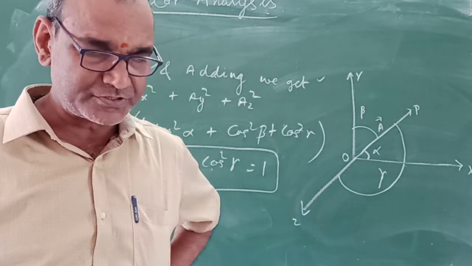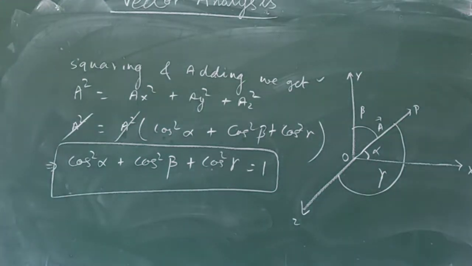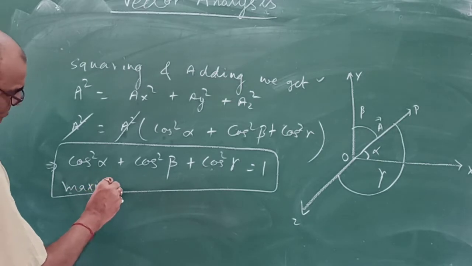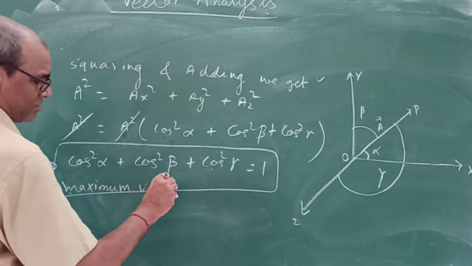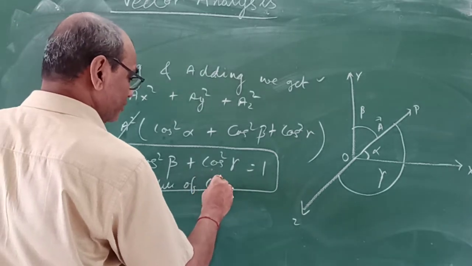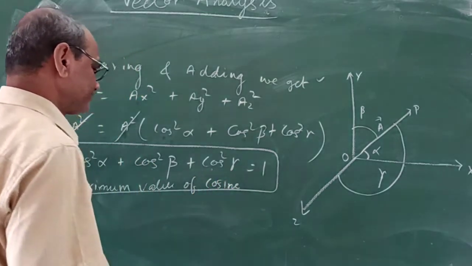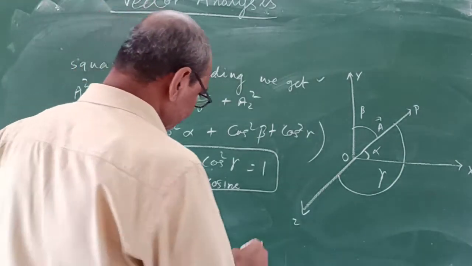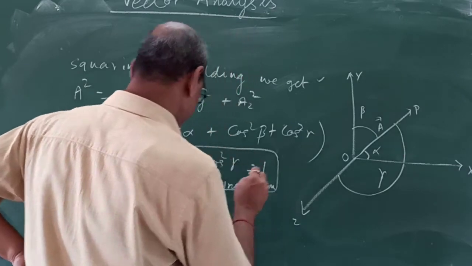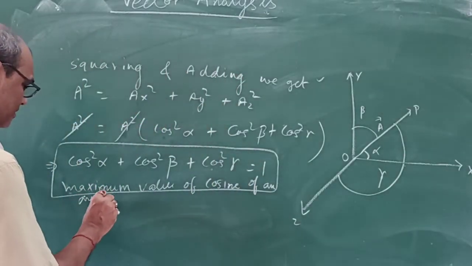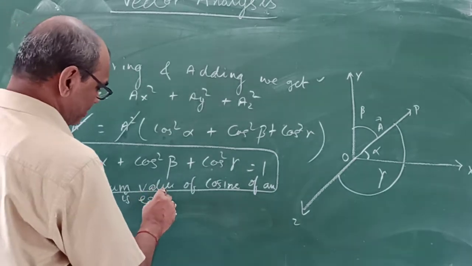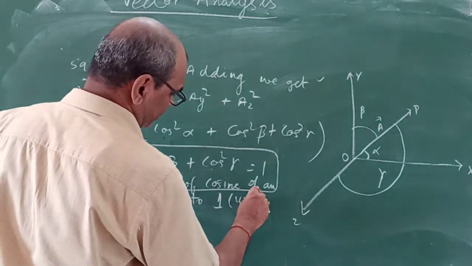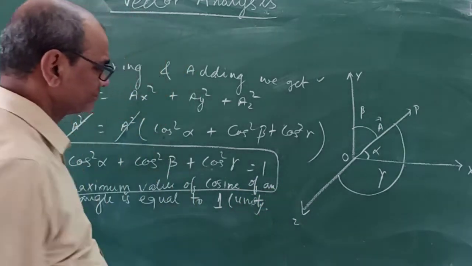That's why the maximum value of cosine of an angle is equal to 1, or unity.